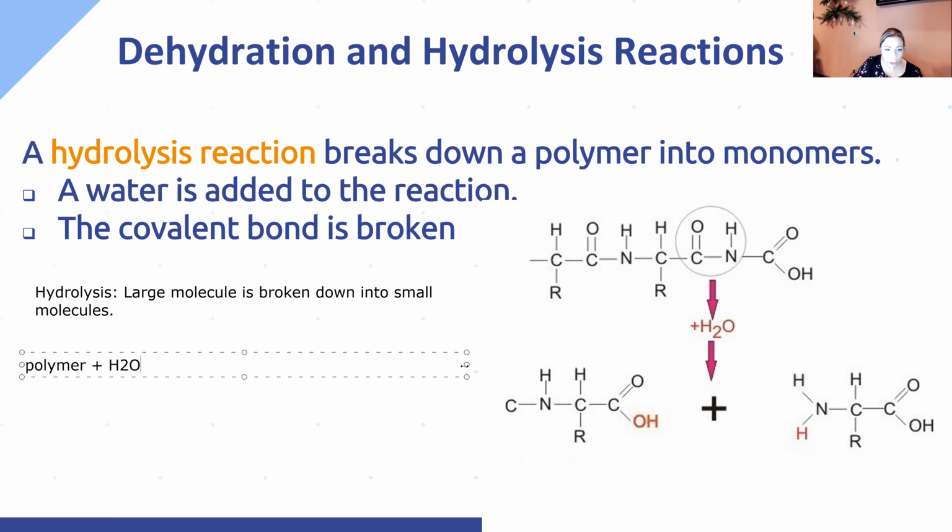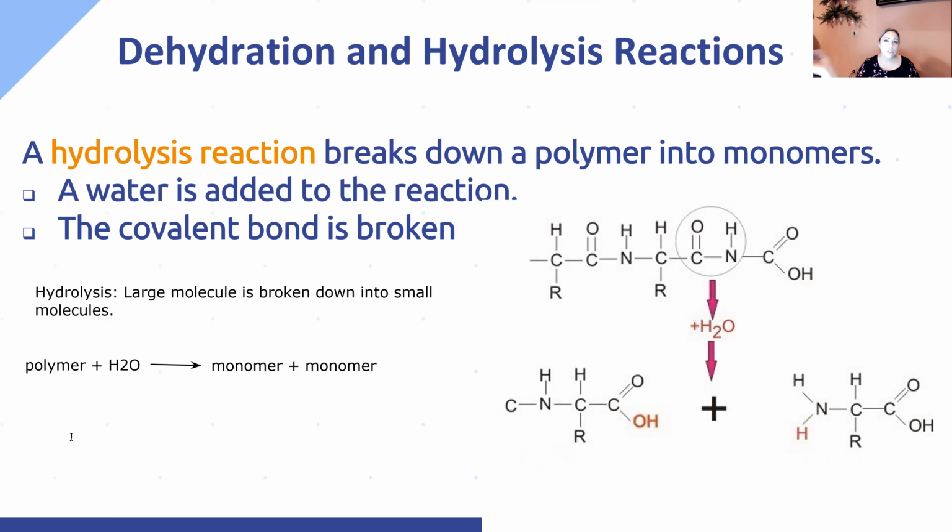I'm going to draw my arrow. So the arrow shows you the chemical reaction. Now I have a monomer plus a monomer.